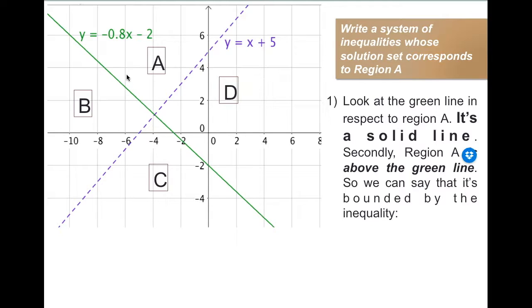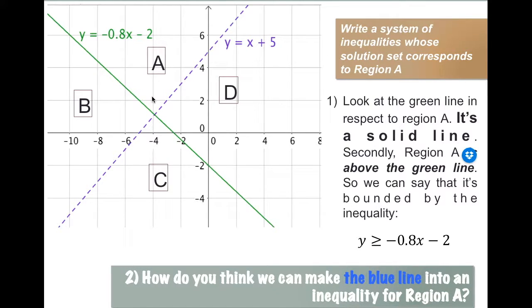So we can say that this A is bounded by the first inequality, y is greater than or equal to, because it's solid, negative 0.8x minus 2. So you see where we're getting at here. They don't give us the inequality. You have to say what is the inequality, and in this case, for region A of the green line.